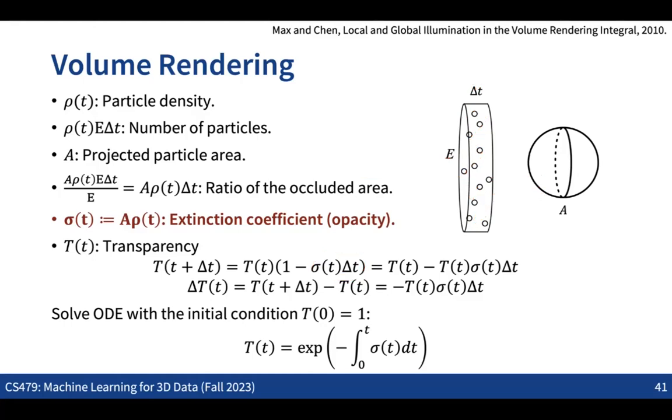So now the transparency term can be calculated like this. If we multiply these two terms, the transparency until time t and the probability that the ray will not make any interactions at this slice, that will be the transparency at t plus delta t.